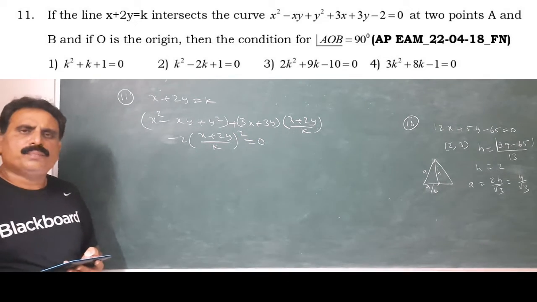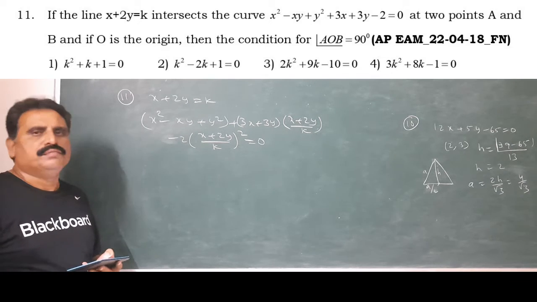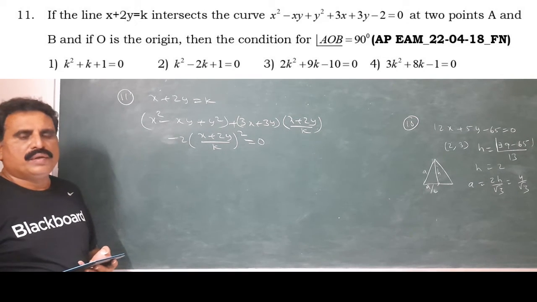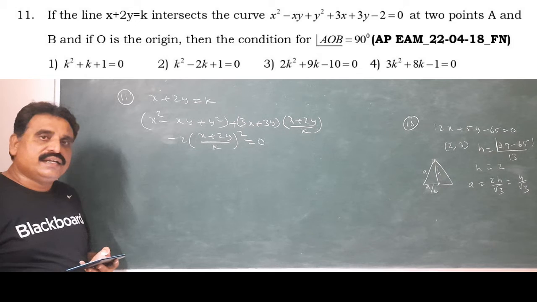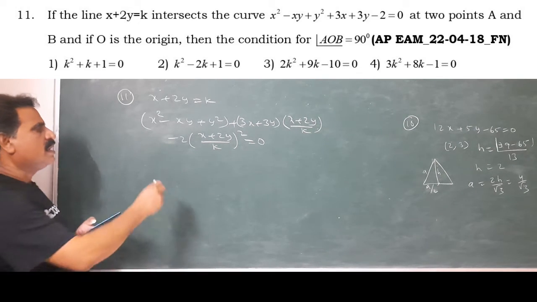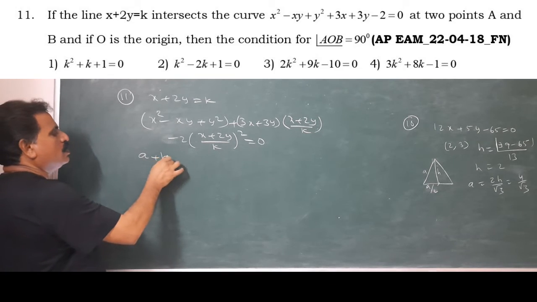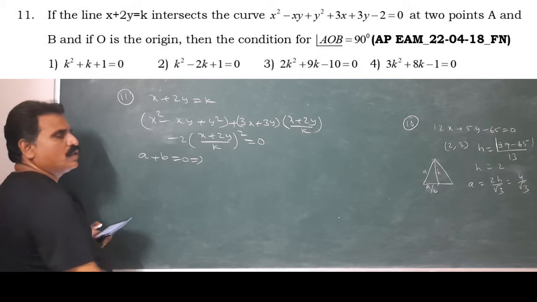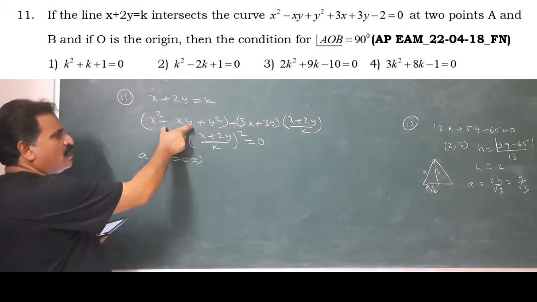It is nothing but the pair of lines OA and OB. But angle AOB is 90, so the angle between the pair of lines is 90. That means a plus b equal to 0: x square coefficient plus y square coefficient equal to 0 in each and every term.